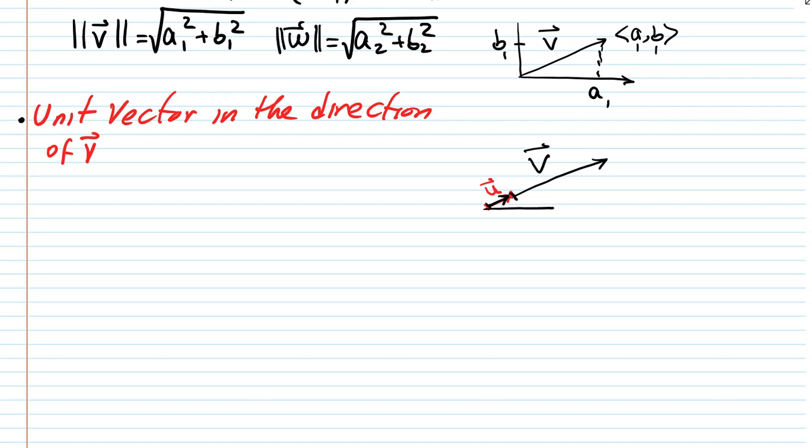Now if I throw in the coordinate system on top of this, let's say this would be the angle theta that the vector makes with the horizontal. Now the unit vector is given by 1 over the magnitude of vector v times vector v itself. Remember, this is a scalar, because the magnitude of v is a scalar, so 1 over the magnitude of v is a scalar.